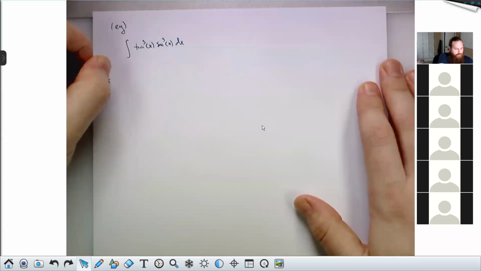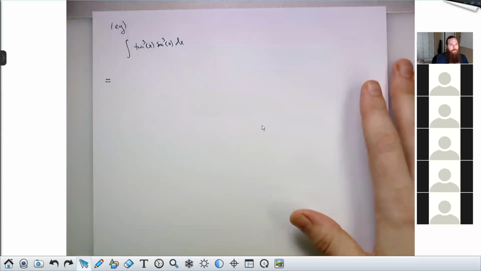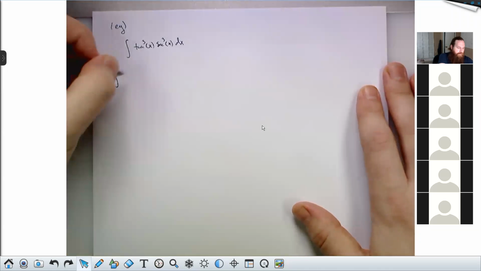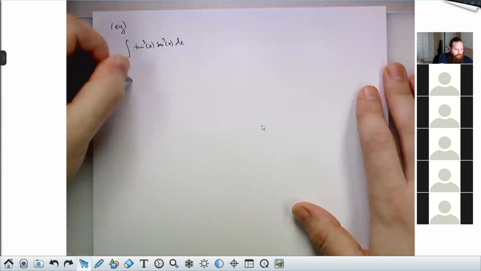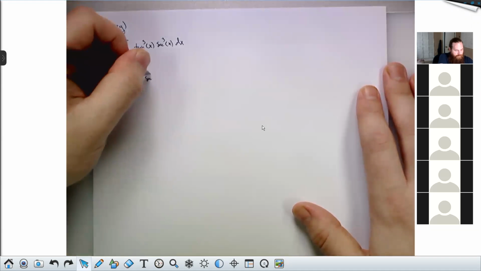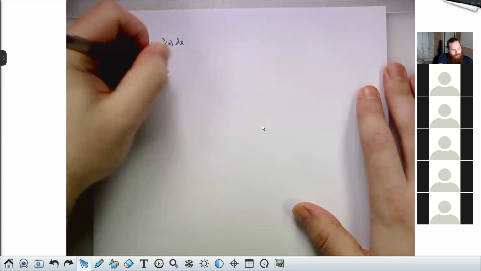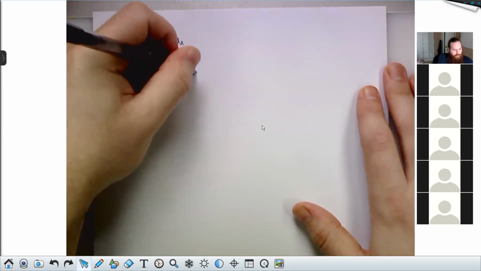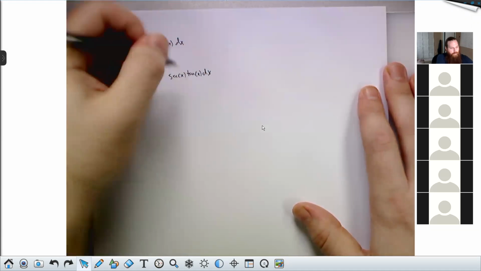If the power of tangent is odd, then I'm going to try substituting for secant. That's the basic idea. So I need to set aside a copy of secant times tangent. So I'll grab one of these tangents and one of these secants and set them over here with my differential.